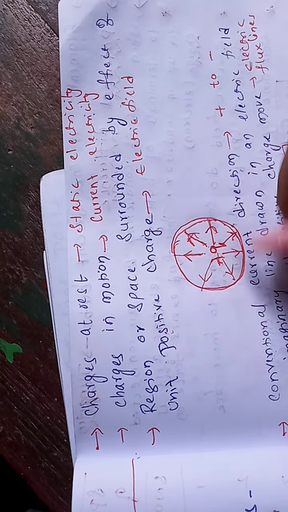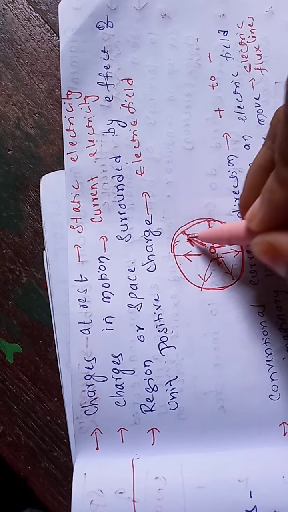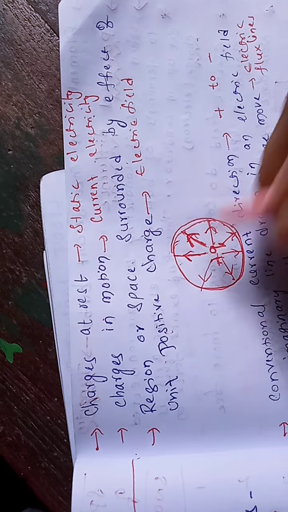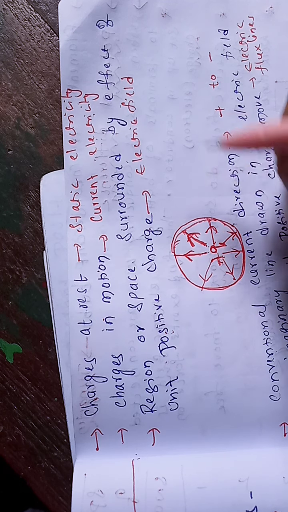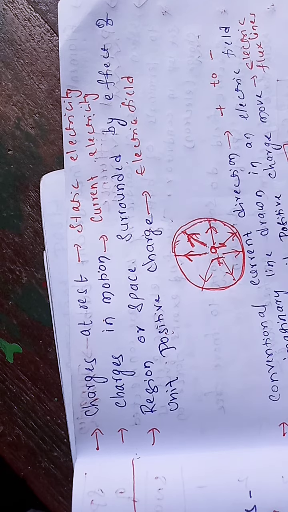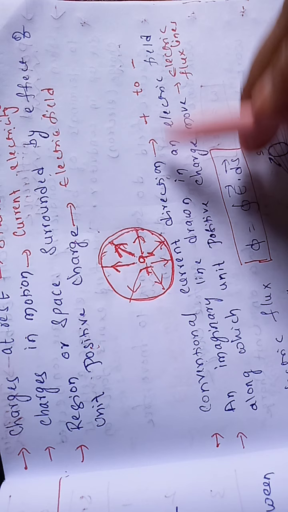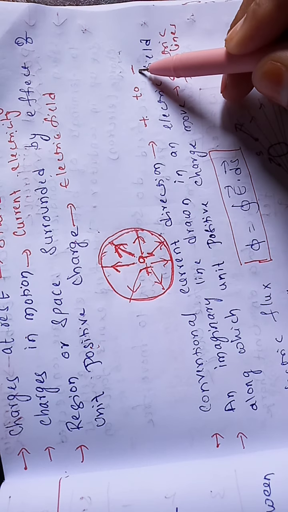So this complete region or space we call electric field, and these we call electric flux lines or electric field lines. They start from the positive charge and travel towards the negative charges. Now next, conventional current direction is positive to negative.